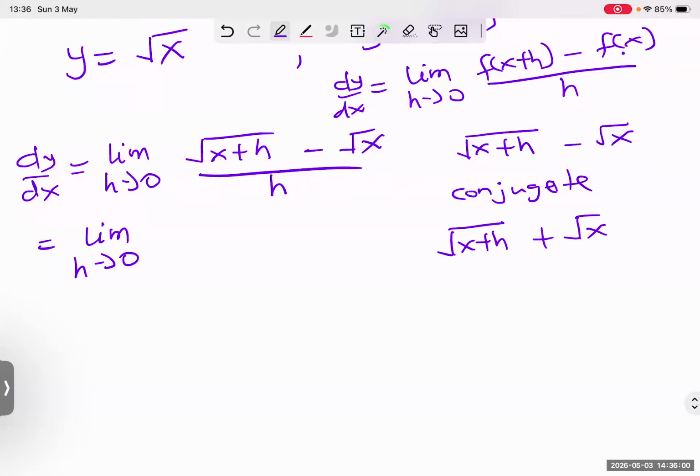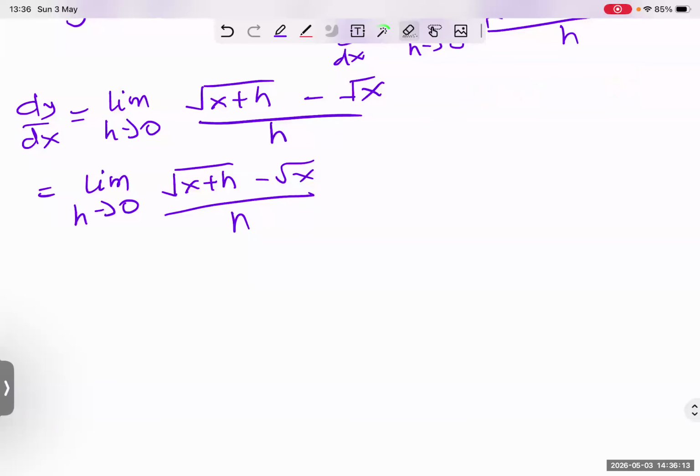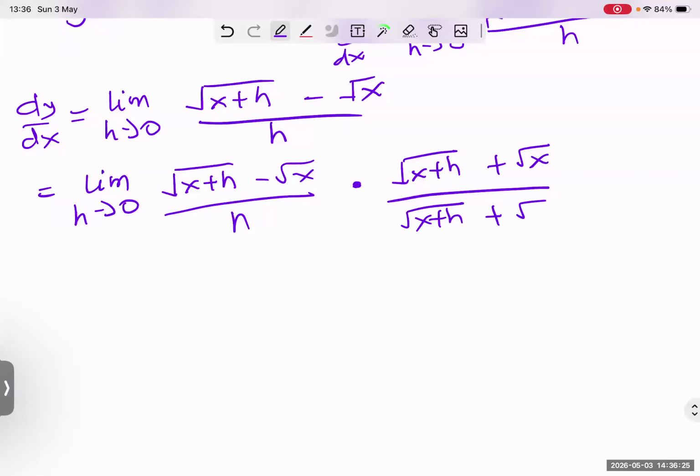All right, so our next step towards simplification is we have root of x plus h minus root of x divided by h. We multiply both top and bottom by the conjugate of the surd. So times root of x plus h plus root of x divided by root of x plus h plus square root of x.